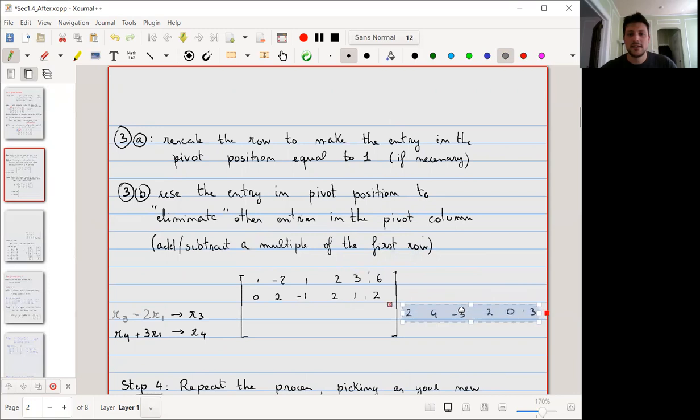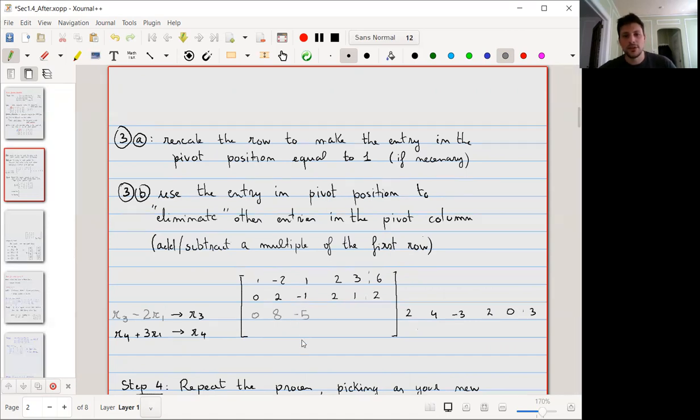When we take the row that I just pasted here, which was row 3, minus twice row 1, what we get is the following. We get a 0 here. Then we have 4 minus 2 times negative 2, so that becomes an 8. Then we have minus 3 minus 2 times 1.